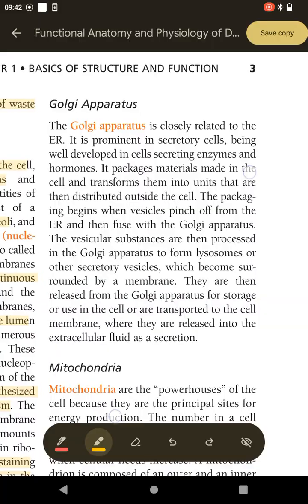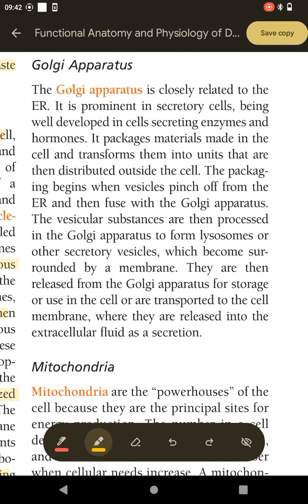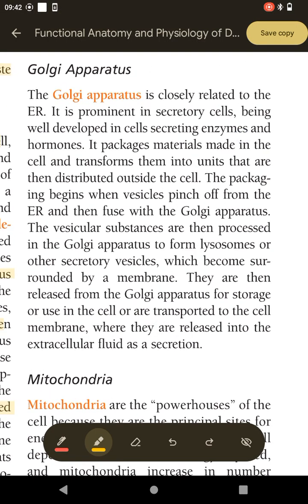The next organelle is the Golgi apparatus. The Golgi apparatus is closely related to the endoplasmic reticulum. It is prominent in secretory cells, being well developed in cells secreting enzymes and hormones.